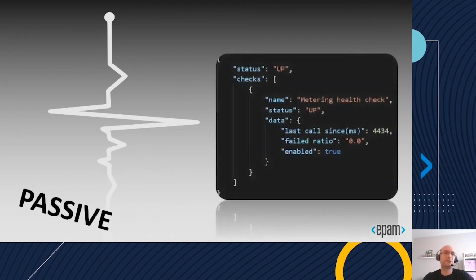Okay, now with passive health checks, what I'm trying to do, and this is I think the most advanced but the most complicated kind of health check implementation, is that I'm just going to report some kind of statistics of the existing requests and responses.